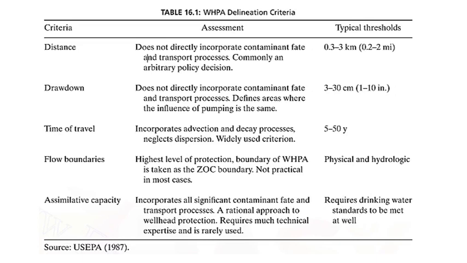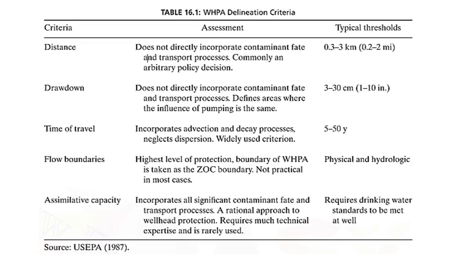The next is the flow boundaries. All right, so this provides the highest level of protection. So what we do here is we account for the actual hydrogeological conditions, like where the flow is actually going, and if there are aquifers or aquicludes that are protecting the aquifer area, we should include that in the boundary.